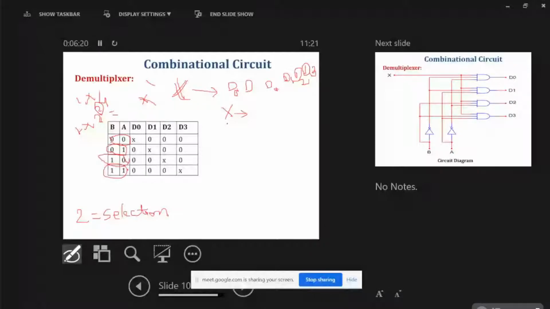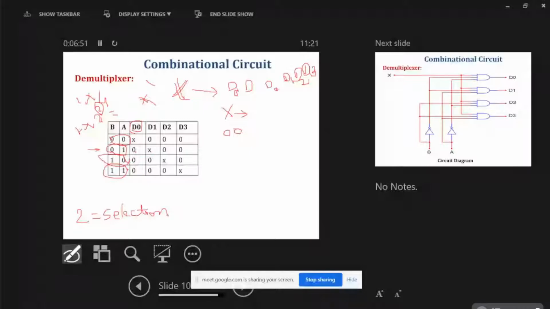If the combination is 0 0, this input line X will go to D0 and the remaining lines will be 0.